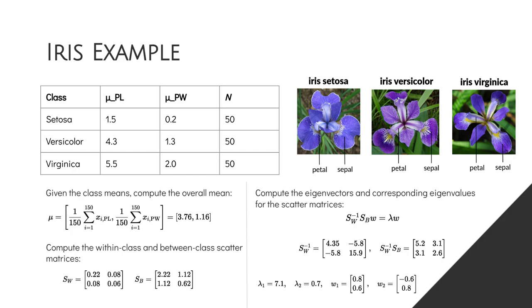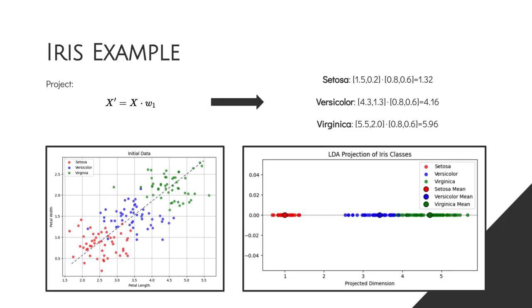Thus, we'll pick the eigenvector 0.8, 0.6 with the corresponding eigenvalue 7.1. Now we'll apply the transformation vector W sub 1 to the data matrix X. This obtains 1.32 as the mean for the setosa species, 4.16 for the versicolor species, and 5.96 for the virginica species.